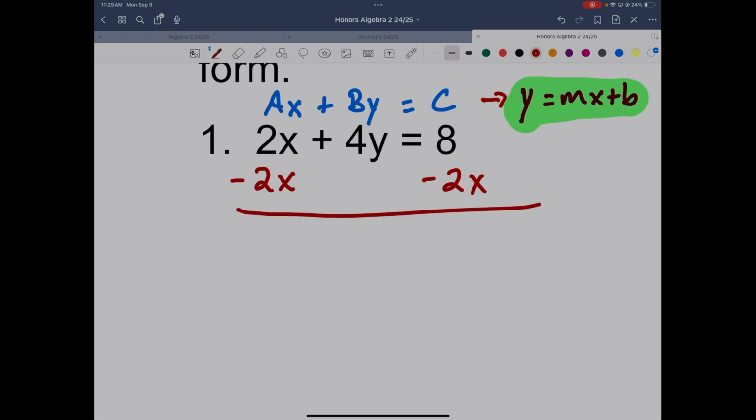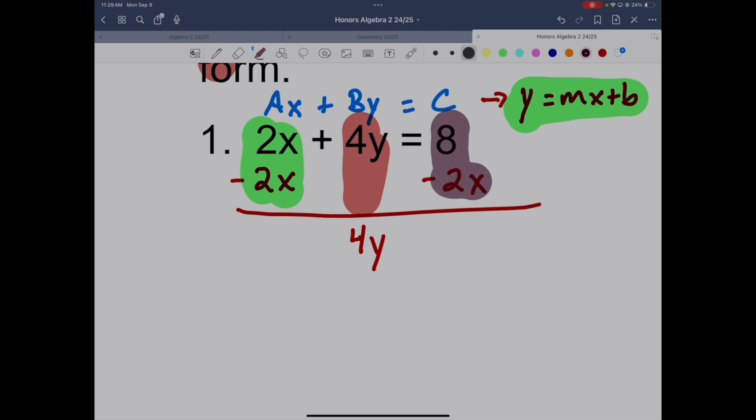Now if I add up the columns, this column gives me 0x, which is just 0, so I'm not going to put anything. If I add up this column, the only thing there is 4y. So I've got 4y. If I add up this column here, hey, they're not like terms, so I can't combine them.